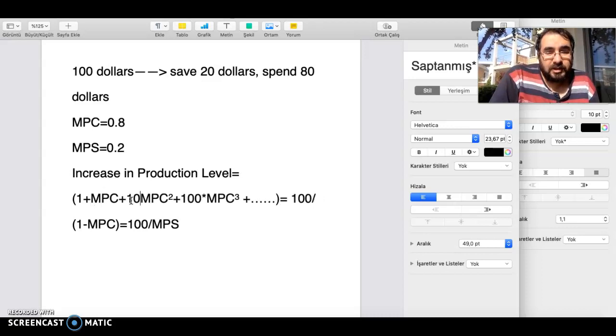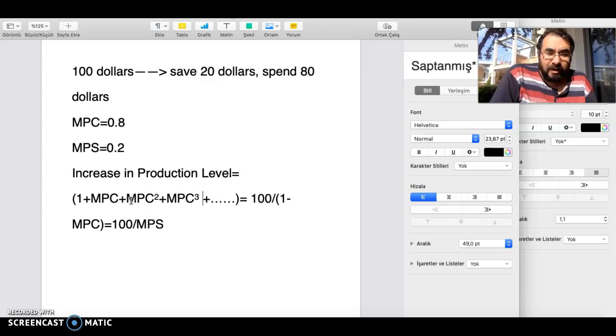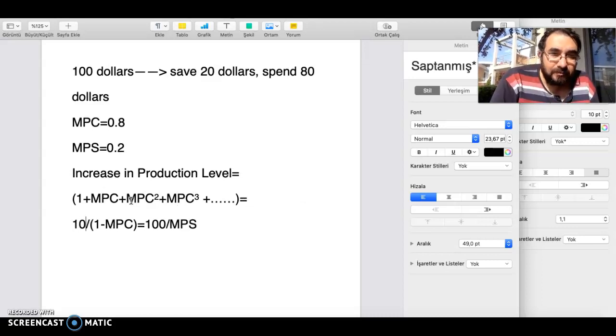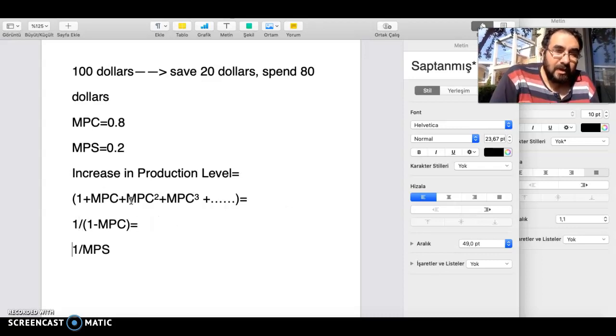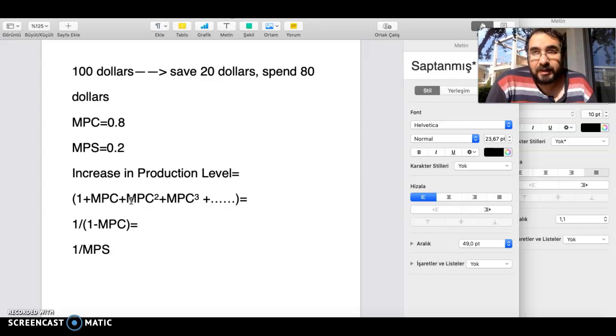In that case, all these expressions will go. Let's do this like this. And this will be the amount of increase created by $1. So if you have 0.8, this $1 initial spending will create a $5 increase in production level.